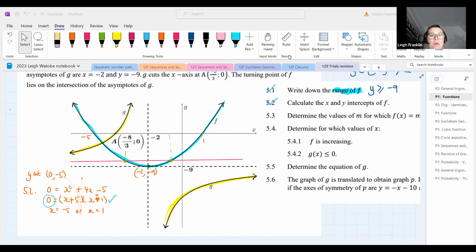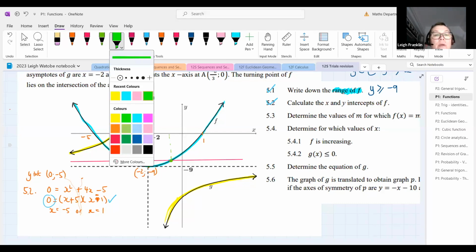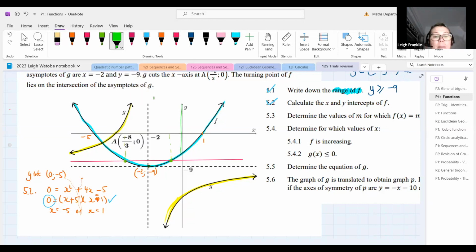So if we have a look at the moment, here's your y-axis. Let me highlight it for you in a different color. I'm going to make it green. Here's the y-axis. Now I'm highlighting the y-axis because x is negative to the left of the y-axis.